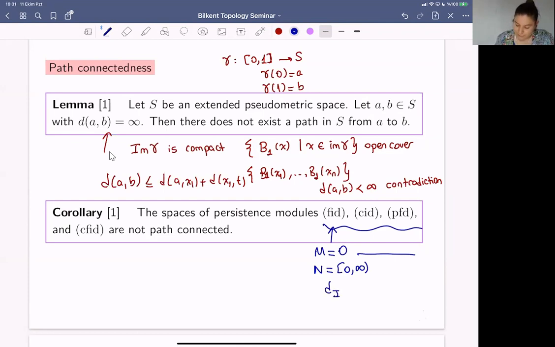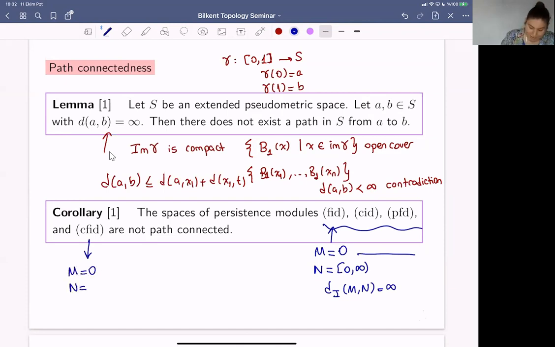And the interleaving distance between M and N is infinite. So by the previous lemma, I can say that there exists no path from zero to the persistence module N. So I can say that these spaces are not path connected. For this one, CFID, we consider M equal to 0.